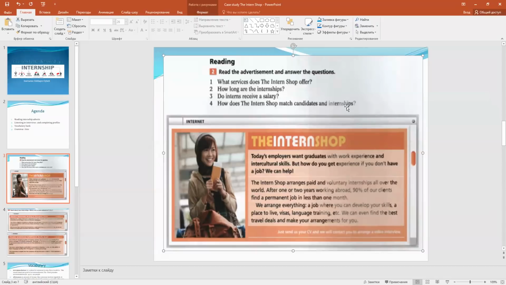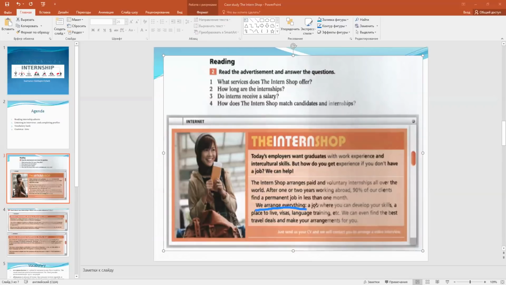How do they persuade them? They arrange everything: a place to live, visas, language training, etc. Yes. As you can see here, they arrange everything.